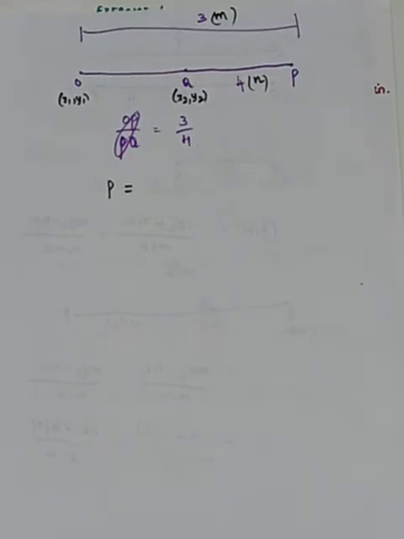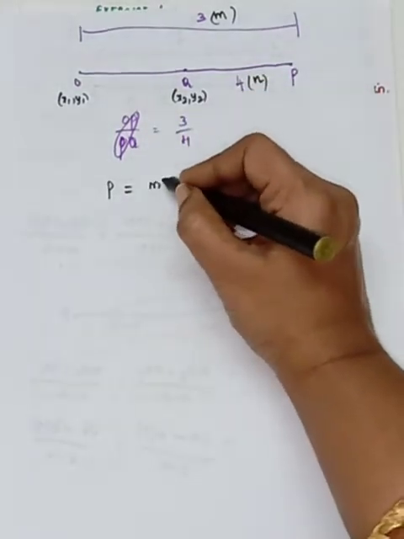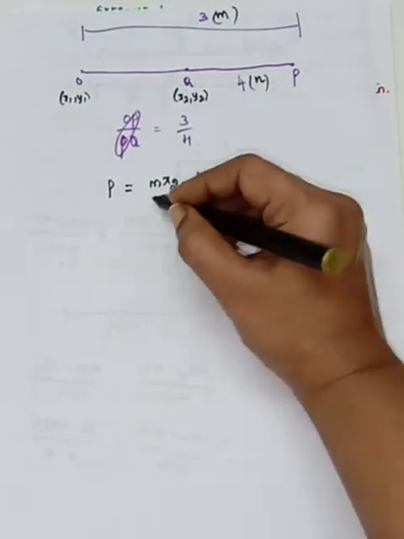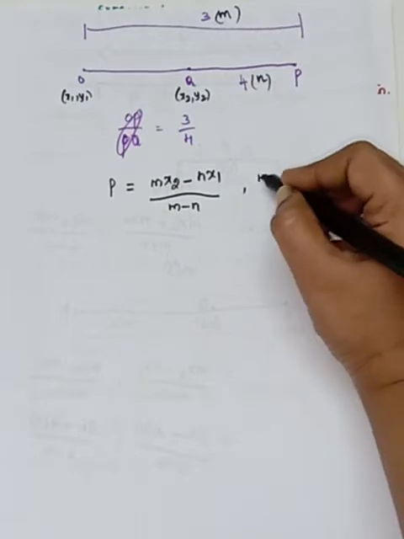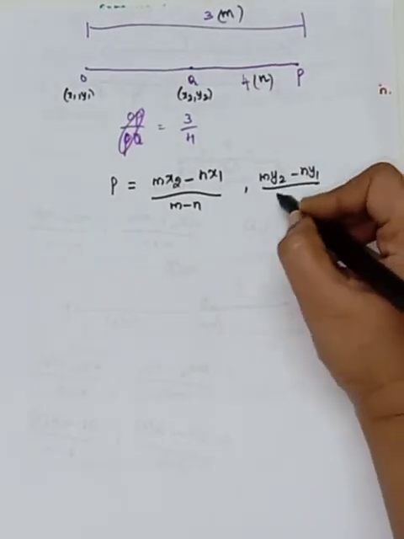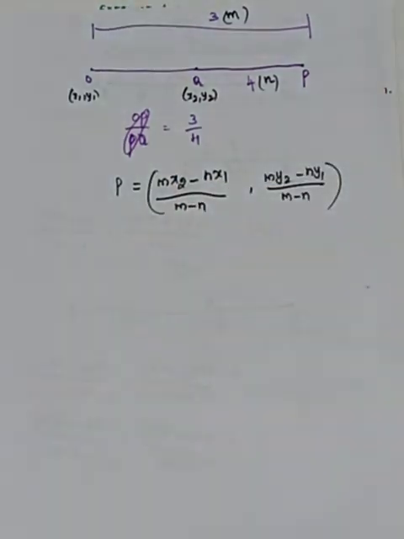What division? External division. So, the formula is (m x2 minus n x1) divided by (m minus n), comma (m y2 minus n y1) divided by (m minus n). That is the coordinate of P here.